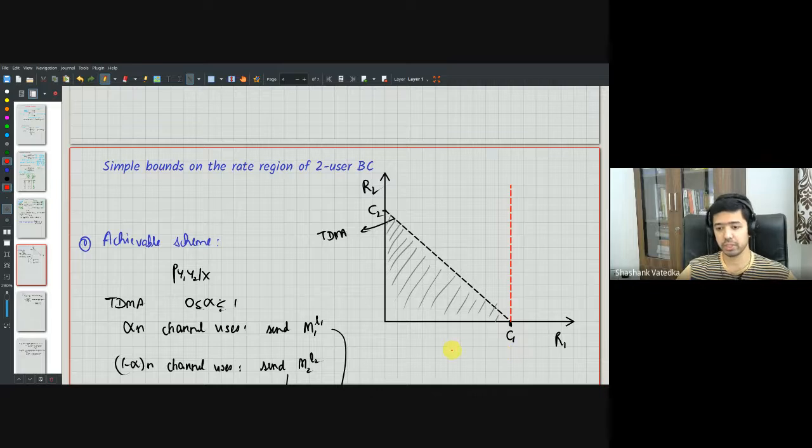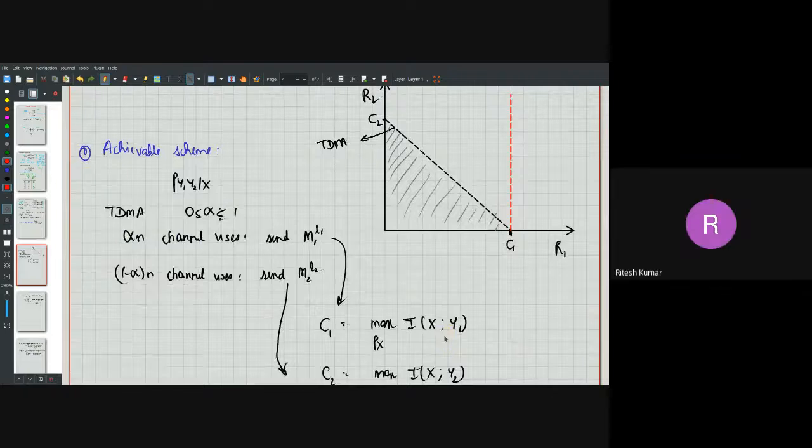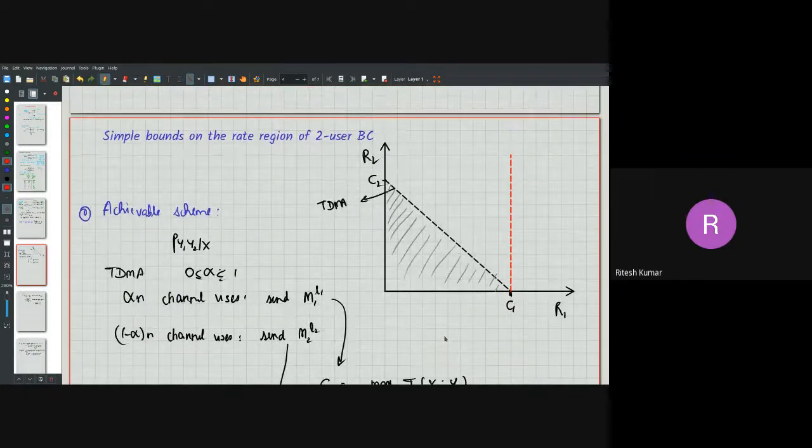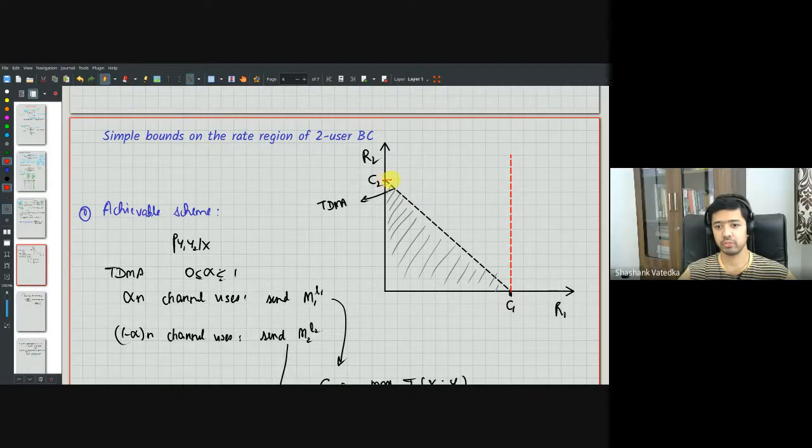Is it possible to communicate reliably at any rate above C1? No, sir. So similarly, for user 2, it's impossible to communicate at any rate above C2.